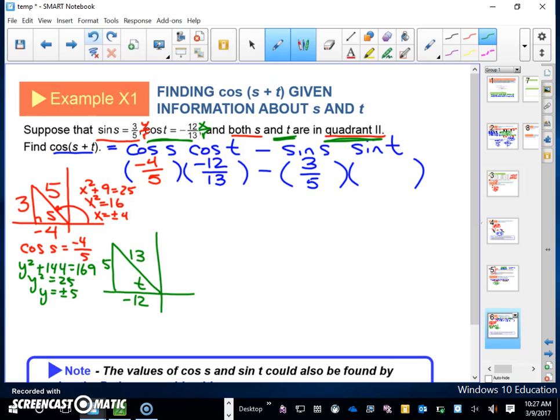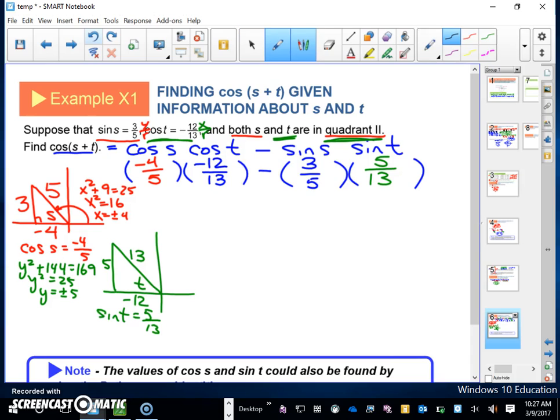What I want to know there is sine t, which is y over r, 5 over 13. And so I've got my 4th missing piece. Once I fill in those holes, it's just about simplification.